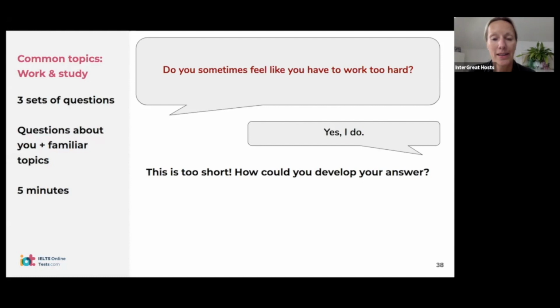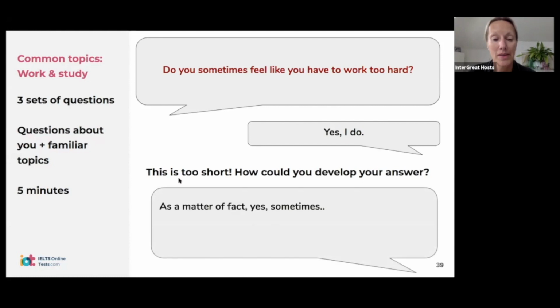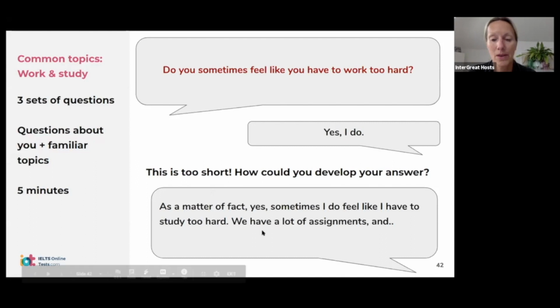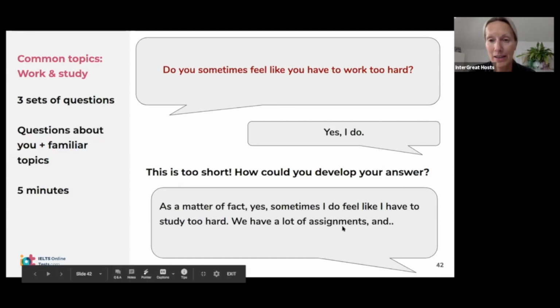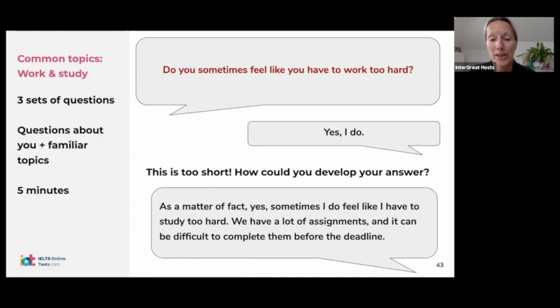So I'll show you the answer that we've got. Another really nice fluency marker here. "As a matter of fact, yes, sometimes. I do feel like I have to study too hard." So you can see that's answering the question, and then you can add more information. "We have a lot of assignments and it can be difficult to complete them before the deadline."